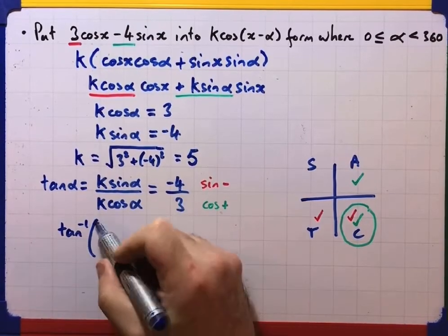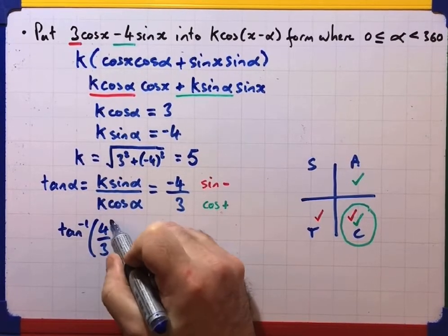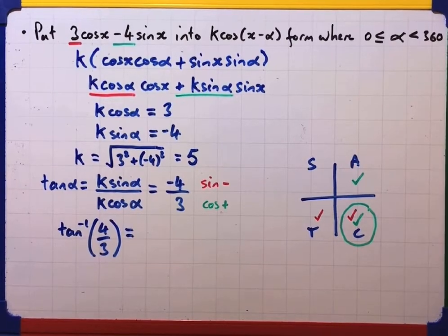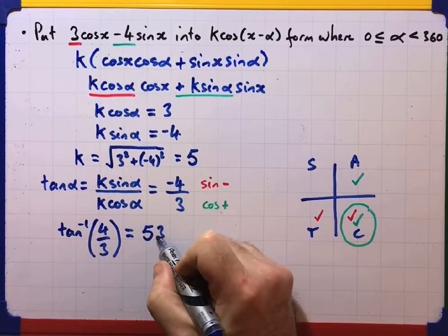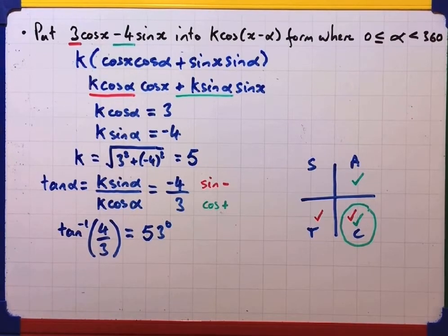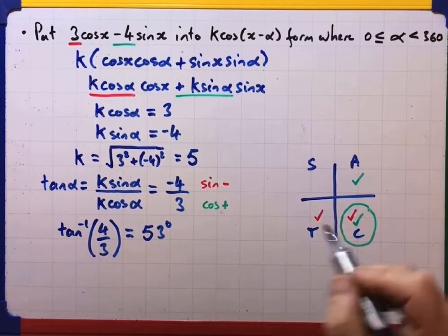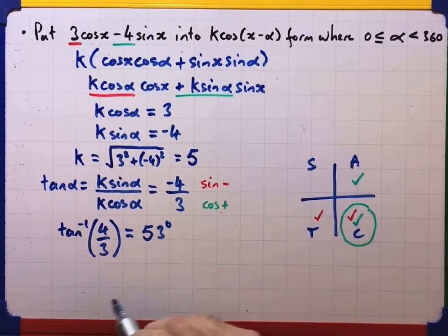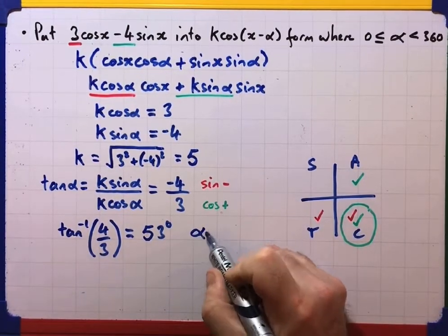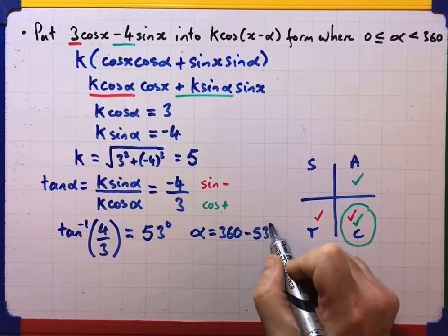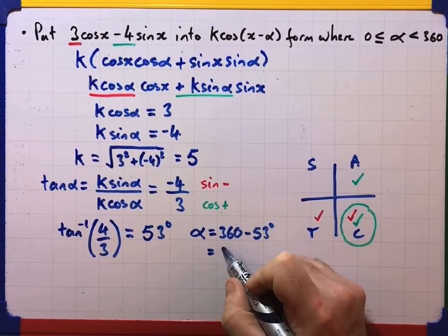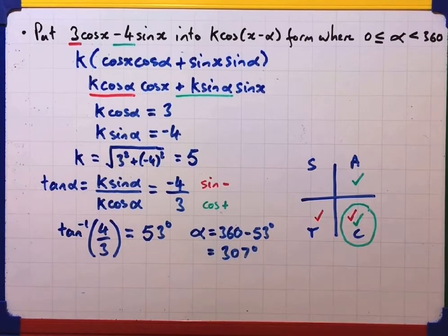But before we do that, we're just going to work out the first quadrant angle. So ignore the signs, just do inverse tan of 4 over 3. That gives me 53 degrees to the nearest degree. But remember what we said: alpha had to be a fourth quadrant angle, so alpha is going to be 360 minus 53, which is 307 degrees.